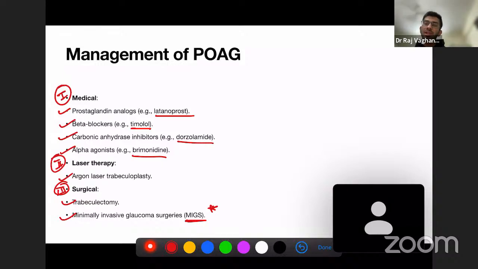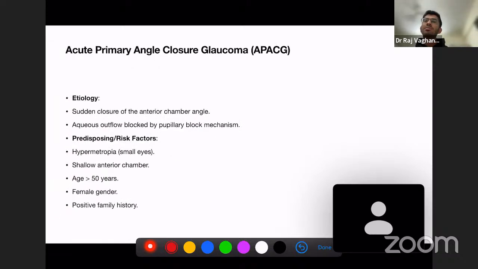Laser therapy is also getting more and more important these days. The most commonly preferred treatment by the patients because of good compliance is medical management, that is the 4 kinds of drugs: prostaglandins, beta blockers, carbonic anhydrase inhibitors, and alpha agonists.